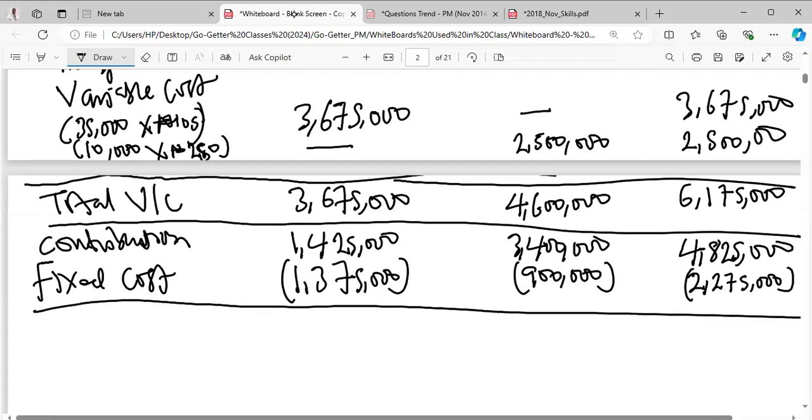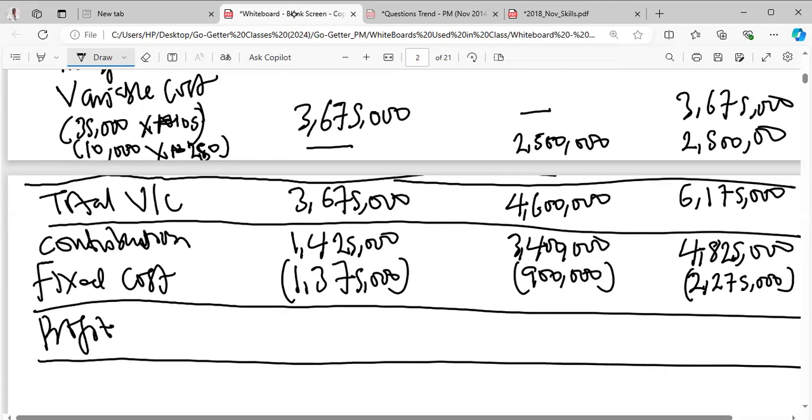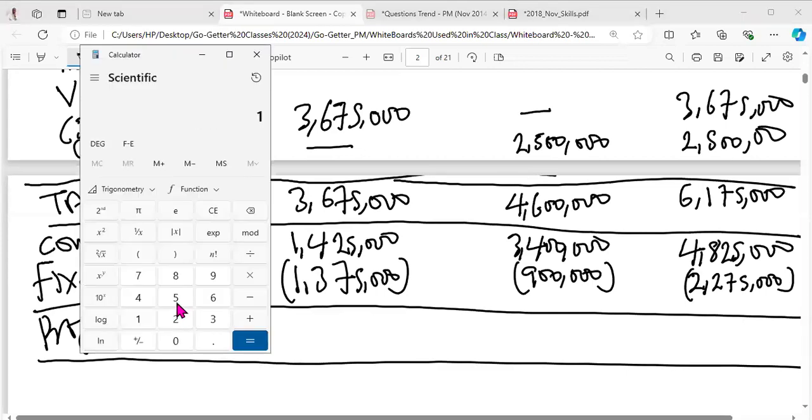So profits. This is the profit here. So let's do it now one by one. We have 1,425,000 minus 1,375,000. The profit is 50,000.